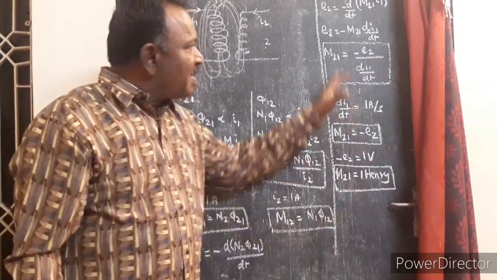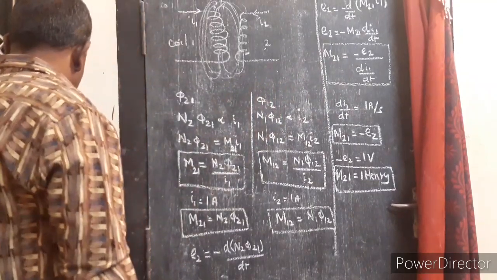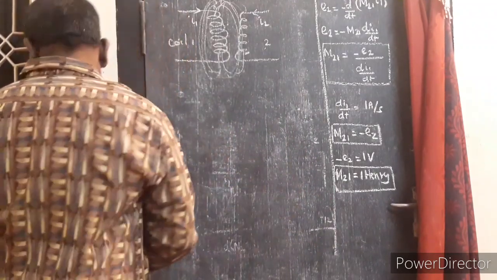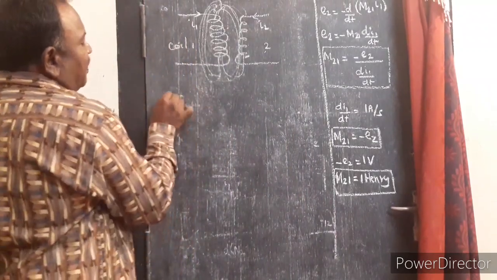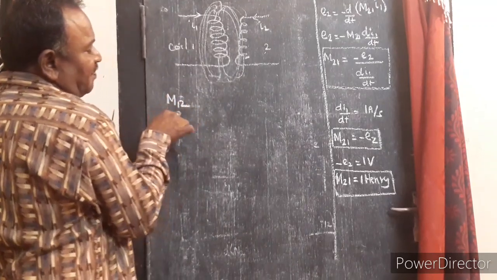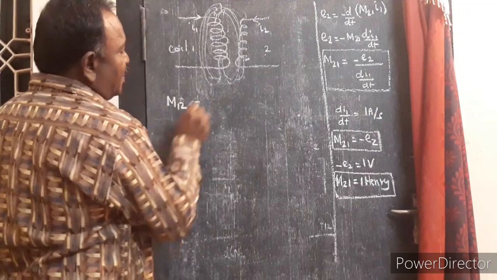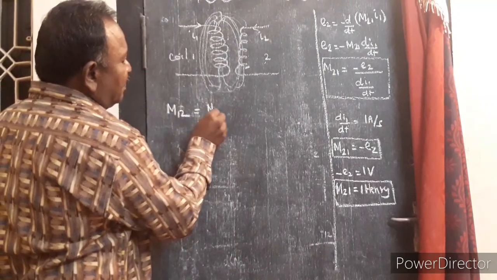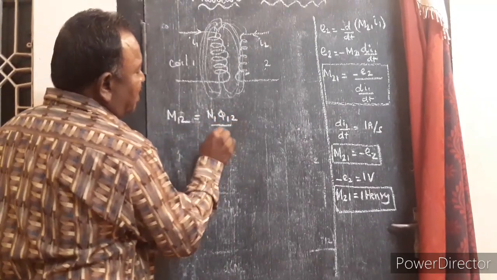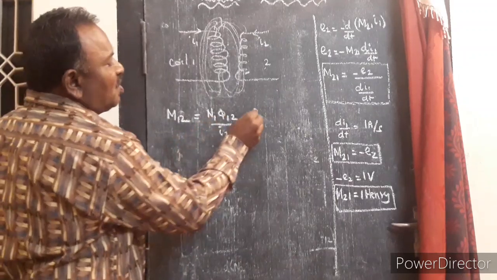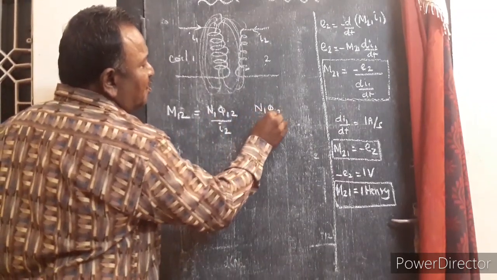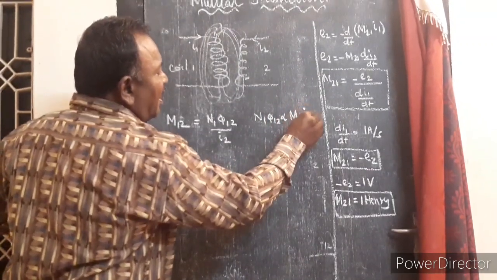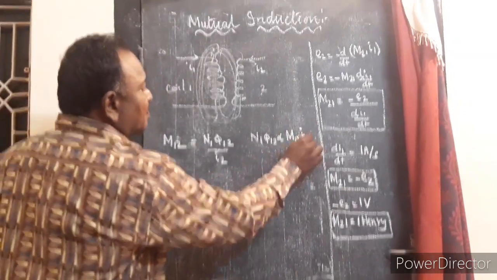In a similar way, we can also derive for the first coil. For the first coil, M12, mutual inductance of the first coil with respect to the second coil, is equal to N1 Φ12 by I2. But this N1 Φ12 is directly proportional to M12 into I2.